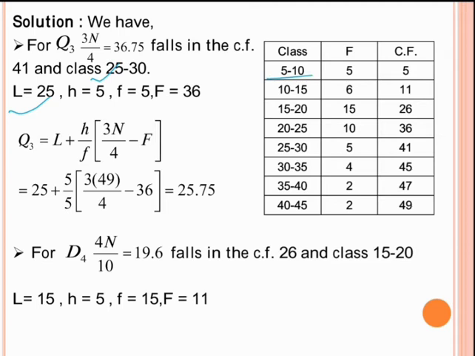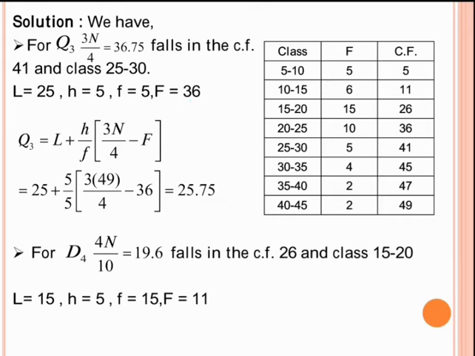Difference of the interval, that is 5. What is small f? We are taking the interval 25 to 30, so this will be our small f, and the cumulative frequency above this term, this 36, will be our capital F. Now we will substitute these values in this equation, and after solving this, we get our answer as 25.75.